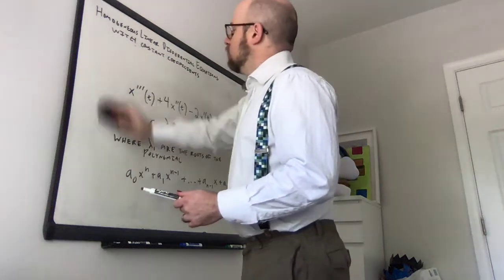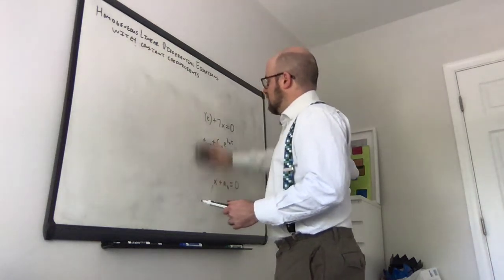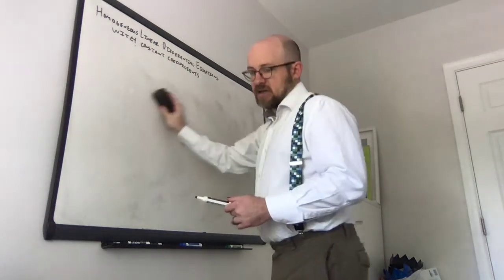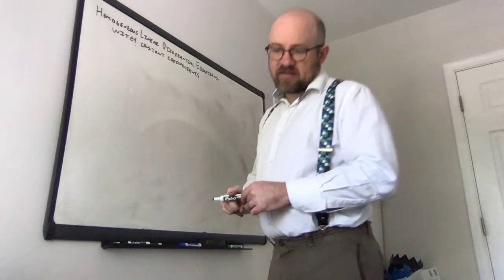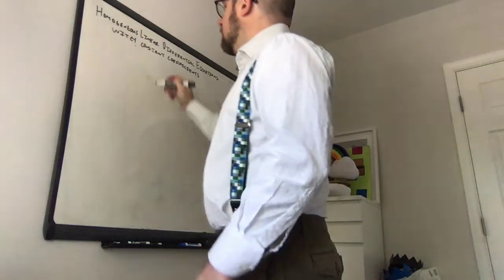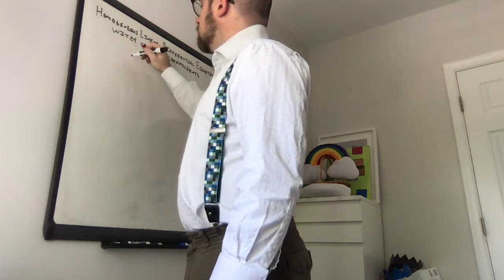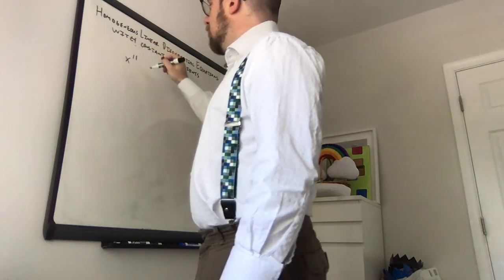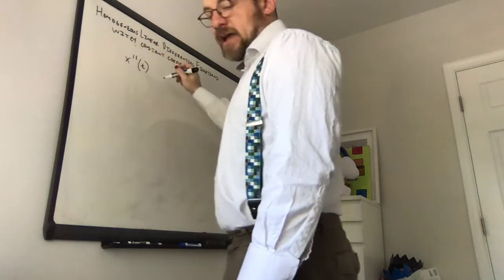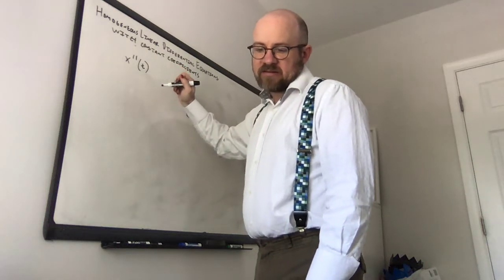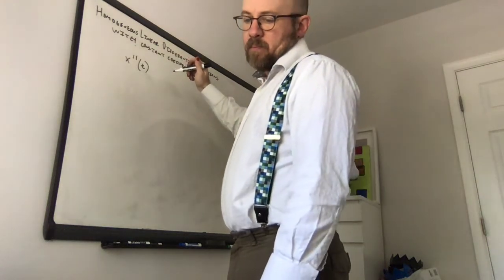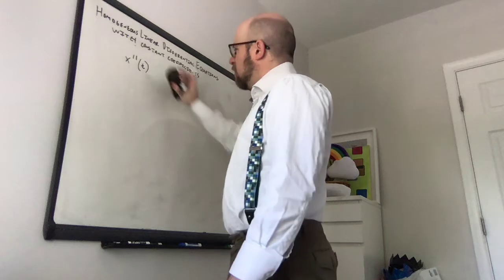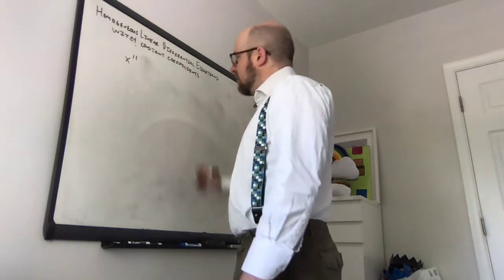Let me see if I can think of something that's actually fairly easy to do. I've got an example here. Let's look at the differential equation x double prime of t, the second derivative of x, minus x prime minus 6x equals 0. I'm just going to write x double prime, not put everything.